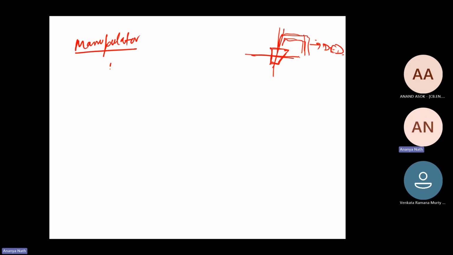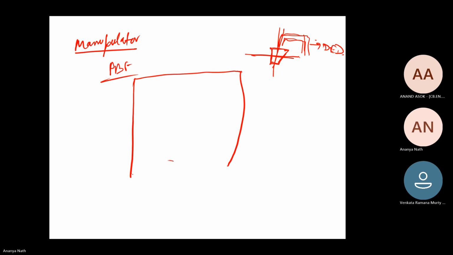But now we are talking about PBF, where the system will be fully closed. Here we have a dispenser, powder filled. Here we have a build plate, lead screw based. It will move down by one layer thickness each step.